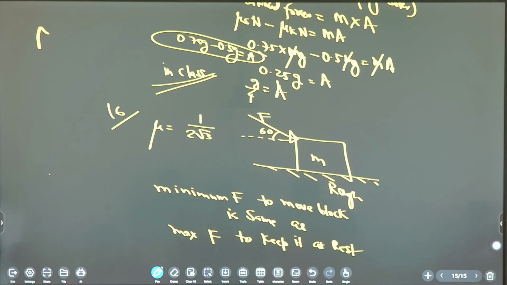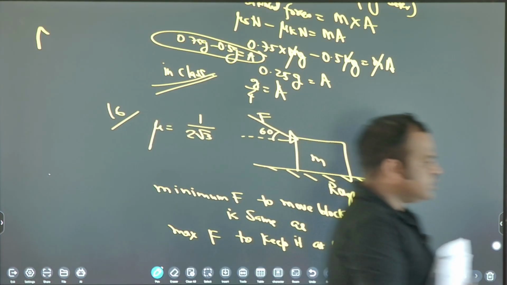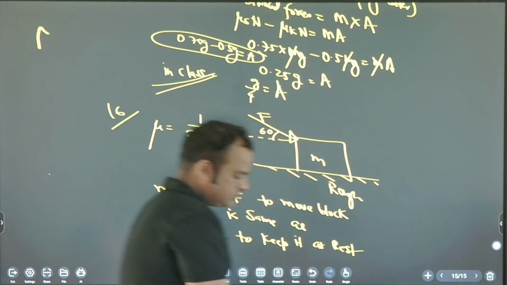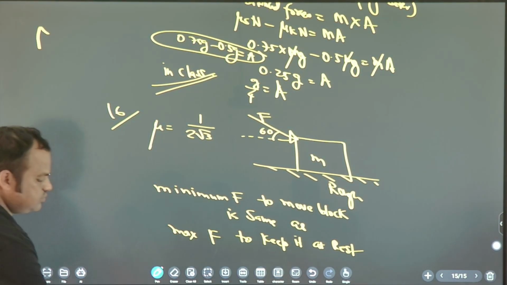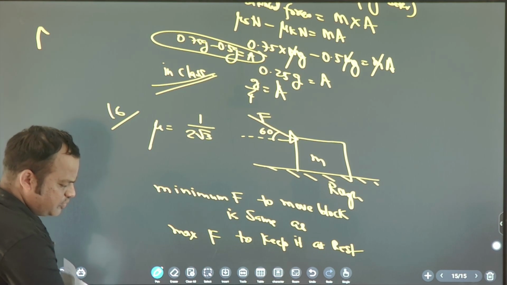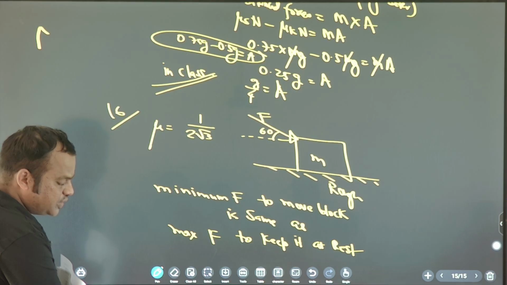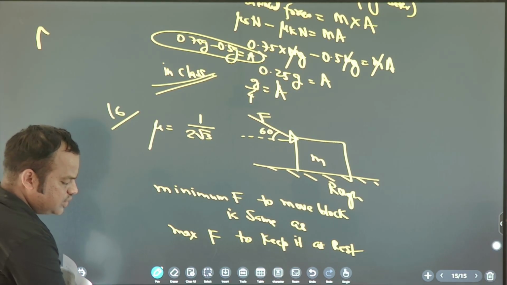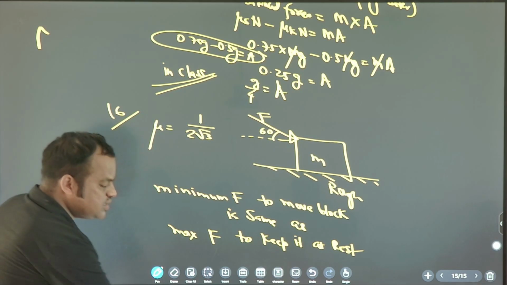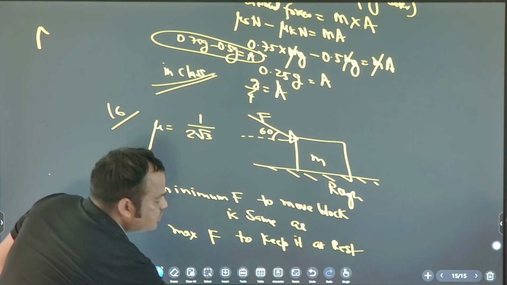Like for example, this chair is there. I am exerting 1 Newton. It is not moving. I am exerting 2 Newton, not moving. 3 Newton, now almost moving. 4 Newton means moving. 5 Newton, moving.